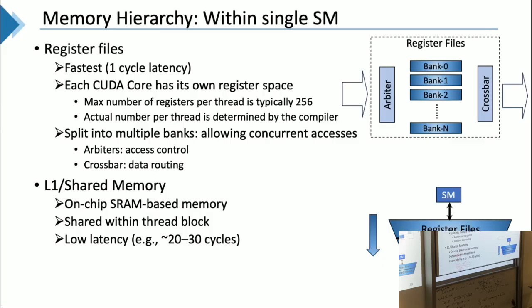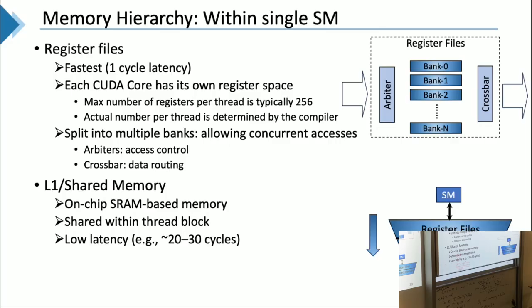You also have the crossbar, because, as we mentioned before, multiple CUDA cores are connected to these shared register files. So we need a crossbar to route the data to the correct CUDA core location. This is the memory structure of register files.